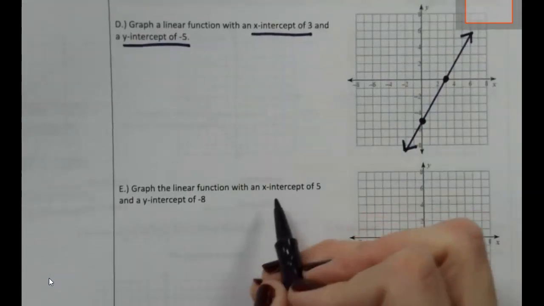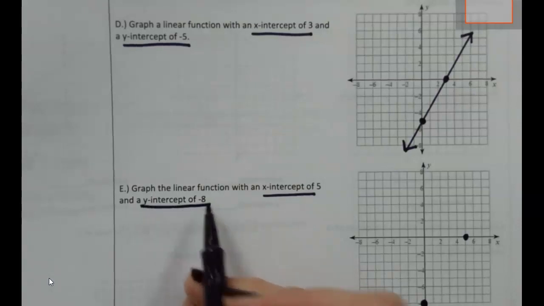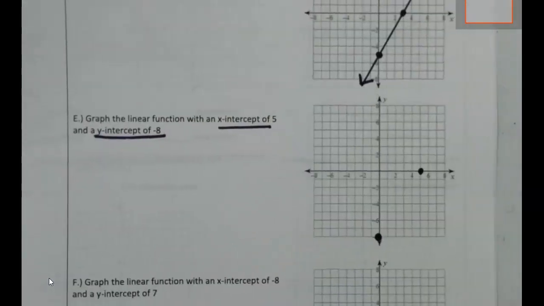My x-intercept is going to go on the x-axis at 5. So that's right here. My y-intercept of -8 is all the way down here at the bottom. That's my y-intercept. We'll put a dot way down here at the bottom if you can see that one.